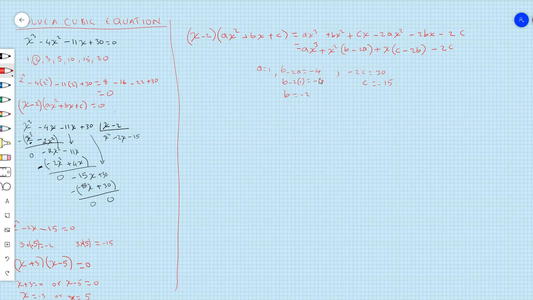So we'll have basically x squared minus 2x minus 15 equals 0. Now if you solve for the roots of this equation, you have the other two roots.